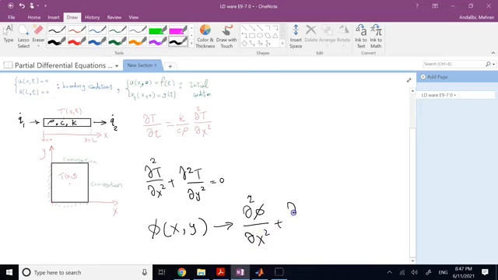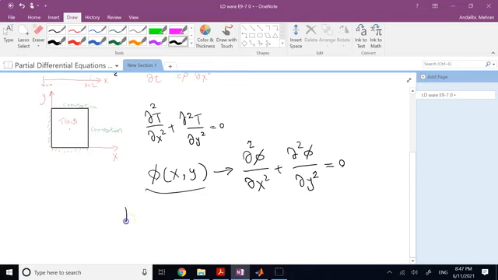Again, as I said, this phi is the potential field for the flow of the fluid.